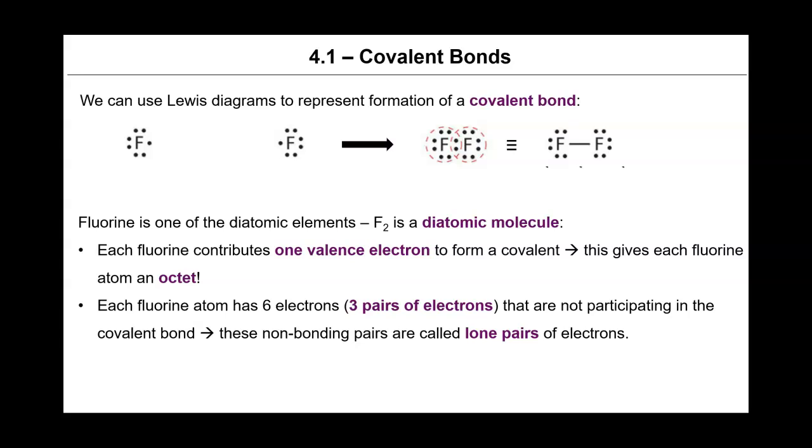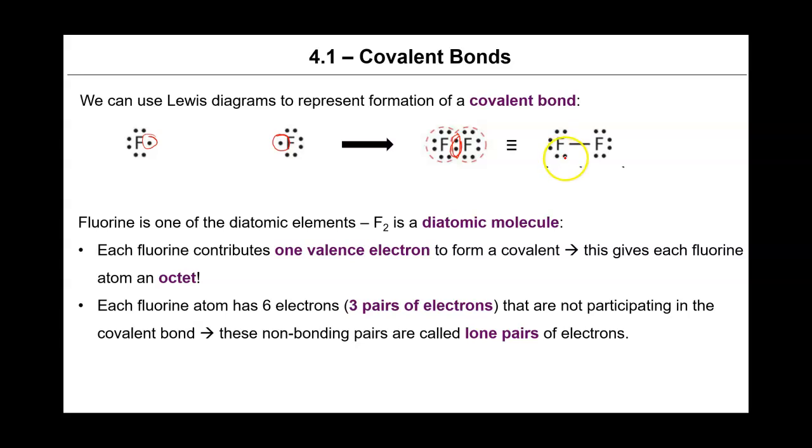We can also use Lewis diagrams to represent the formation of a covalent bond between fluorine atoms. So here we have 2 fluorines. Fluorine is in group 7A, so they have 7 valence electrons each. When these come together, the electrons that I've circled there will pair up and become shared between the 2 fluorine atoms.